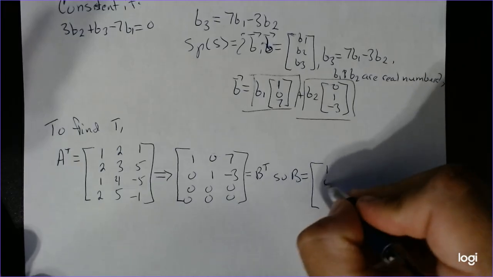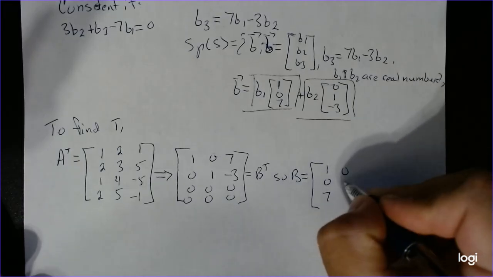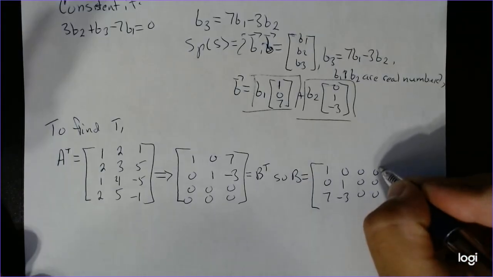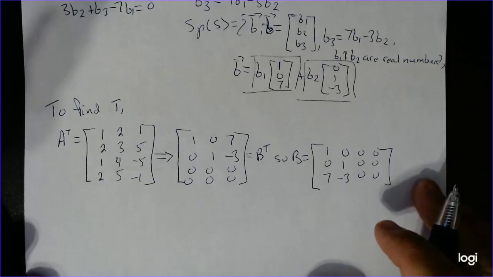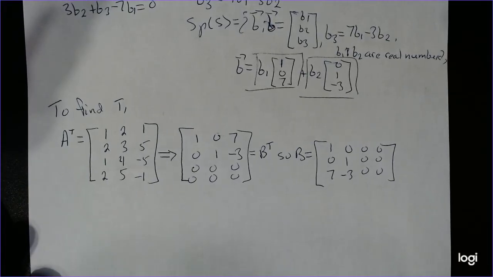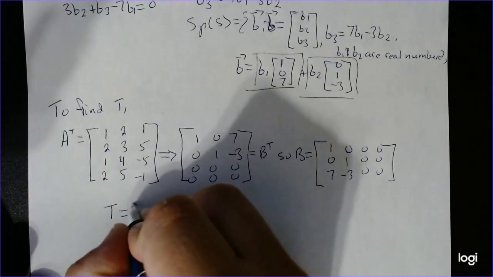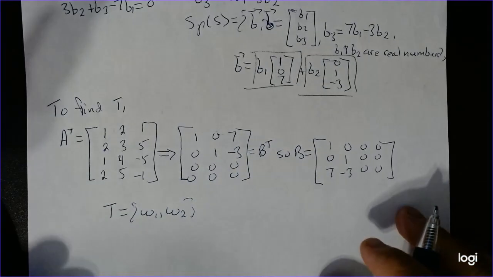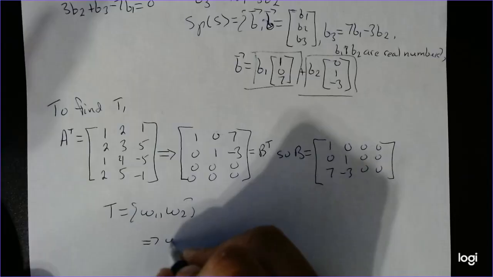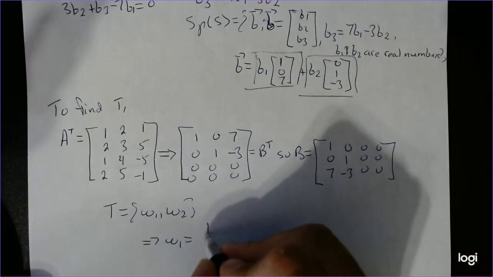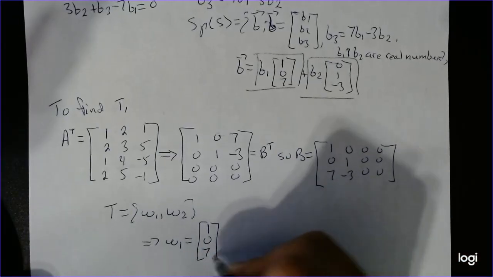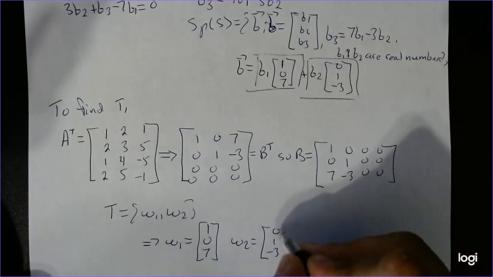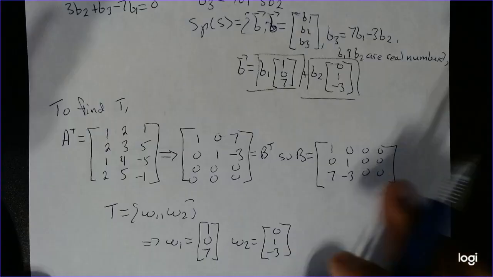So this gives me 1, 0, 7, 0, 1, negative 3, like that. So T, which was the vectors w1 and w2, ends up being w1 is 1, 0, 7, and w2 is 0, 1, negative 3, from our B value.